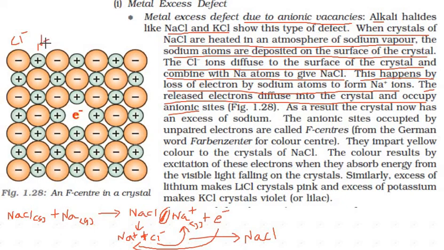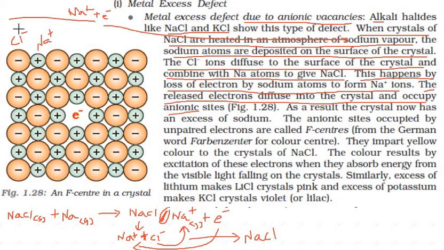Okay, it's a crystal, and you have NaCl crystal. Now you are heating the surface, you have excess of Na, because you are heating in this sodium vapor, so what you get is Na plus and an electron, right?